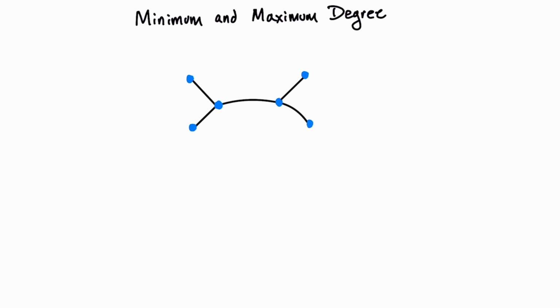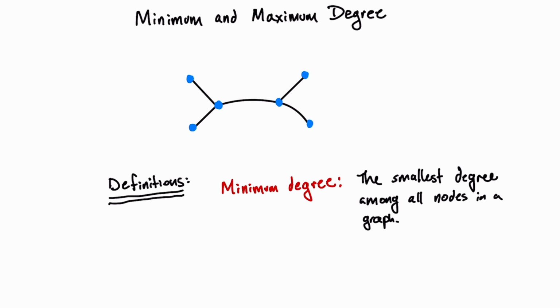Now let's talk about 2 special degrees, the minimum and maximum degree. The minimum degree is the smallest degree among all degrees of all nodes in the graph. Mathematicians love Greek letters, and the minimum degree is usually denoted with a lowercase Greek delta.